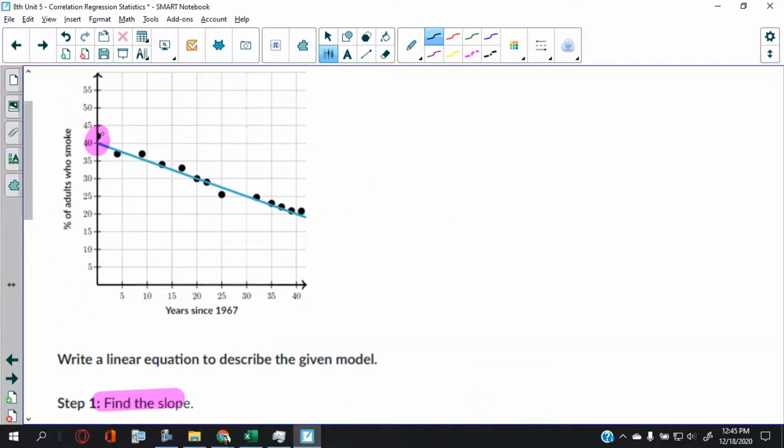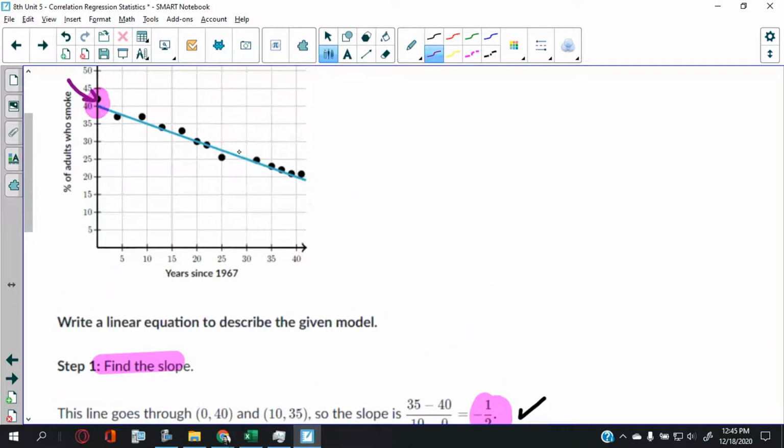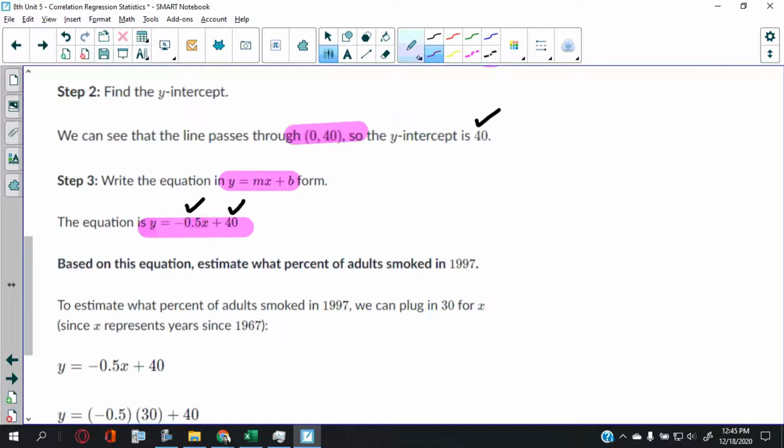Now, is this convenient? Yeah, if the numbers fall in the right place. If you have a y-intercept that's exactly 40, it's nice to have, and it's super easy to just draw a line through it and then write it. But here's the problem. This is basically an approximation.